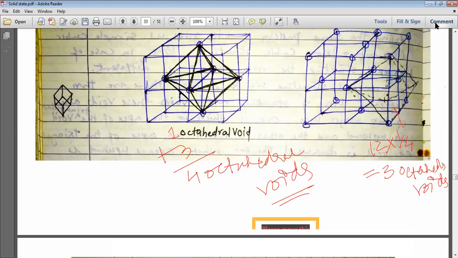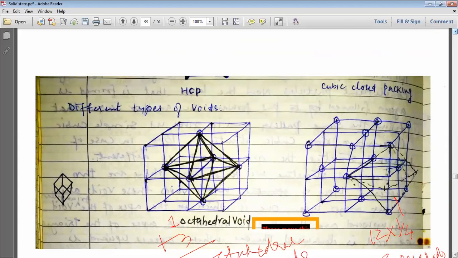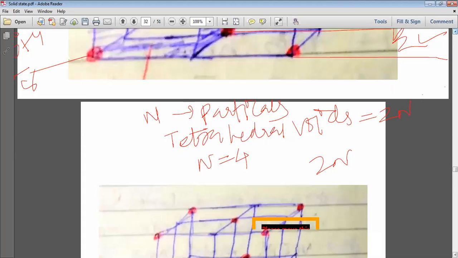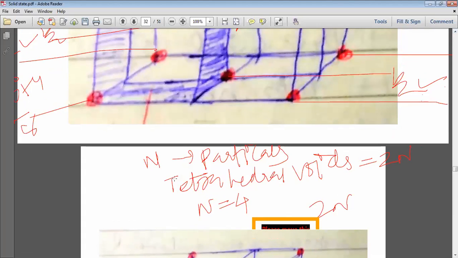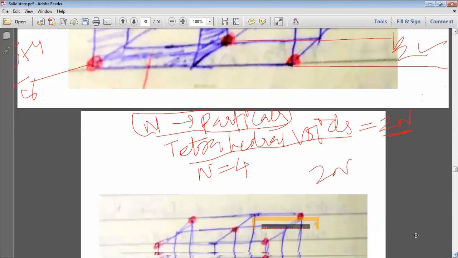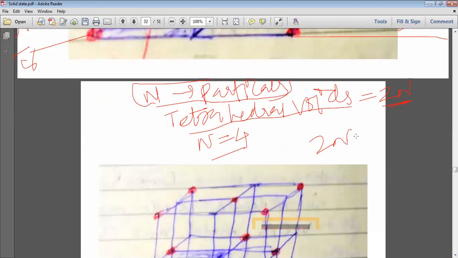So once again, if I explain, my dear students, we know that when n particles are arranged in a particular unit cell, there will be tetrahedral voids which are 2n. When n is equal to 4, we have 2n, that is 8 tetrahedral voids.